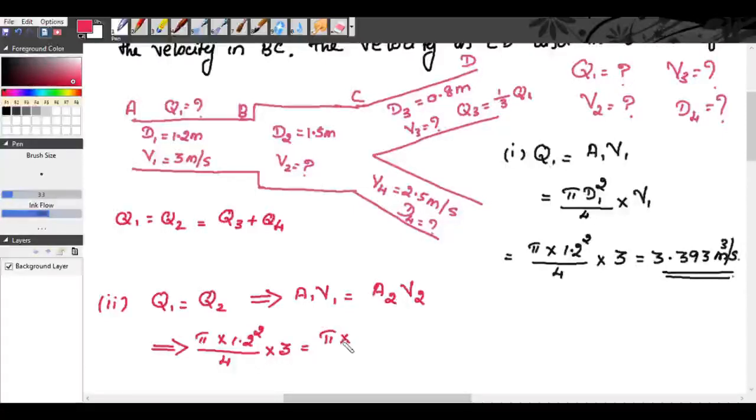A2 is pi D2 square, that is 1.5 square divided by 4 into V2. So here the only unknown is V2. So we get velocity V2, that means velocity in BC. You can write it as VBC also. So that is equal to 1.92 meter per second.